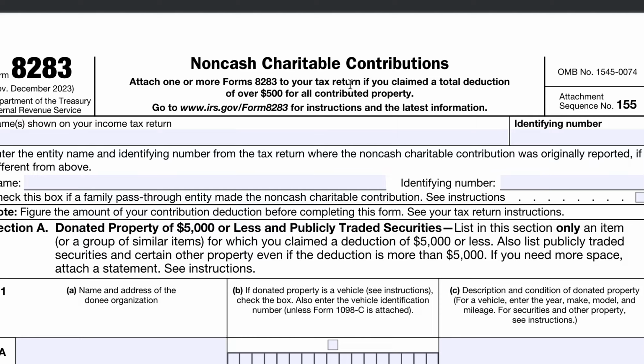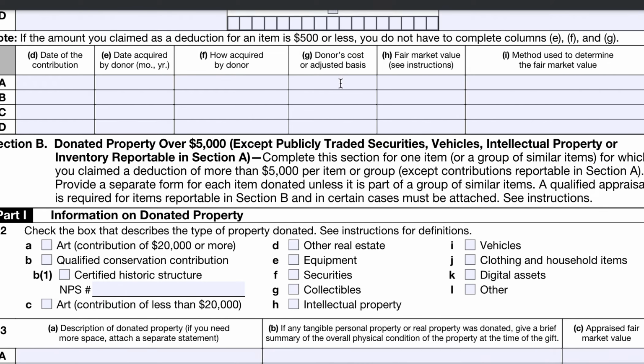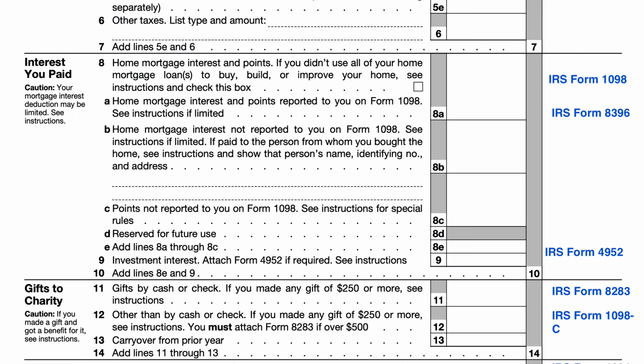And then there are additional criteria based on the dollar value of your donation. These may have different treatments based on the value and the type of object, whether or not you need to have qualified appraisals, things of that nature.